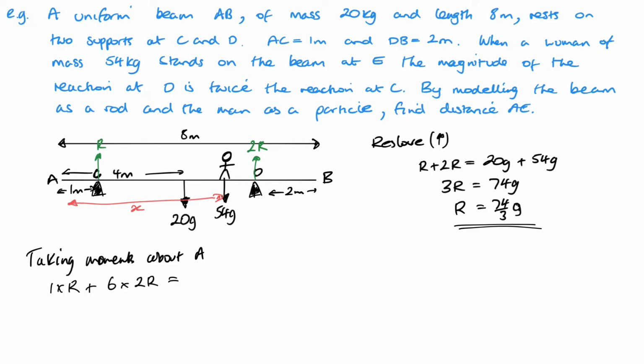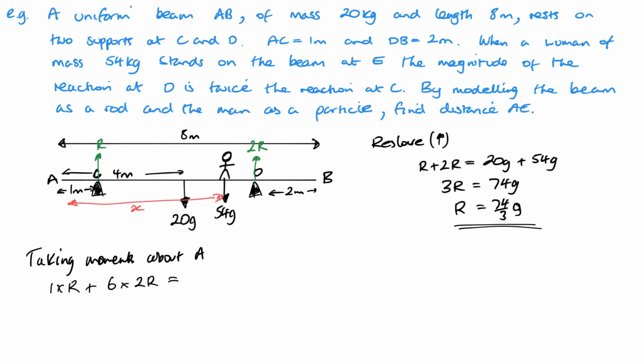Because this is 2 meters from here, total 8, so 6 meters from A. This one's 1 meter from A. And these two send it in an anti-clockwise direction. Going in a clockwise direction is my 20G and my 54G.